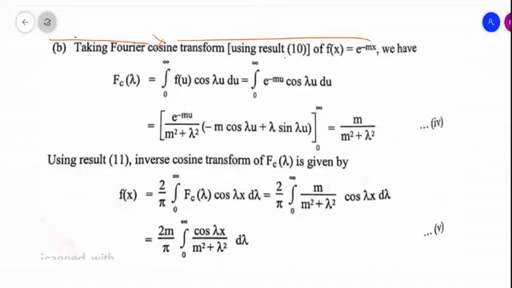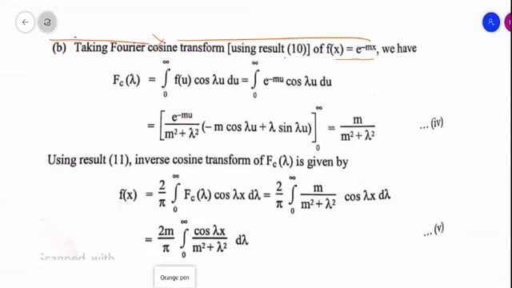So by the definition with the help of the chart, f of x is given as e raised to minus mx. So from that we can easily find f of u is e raised to minus mu.